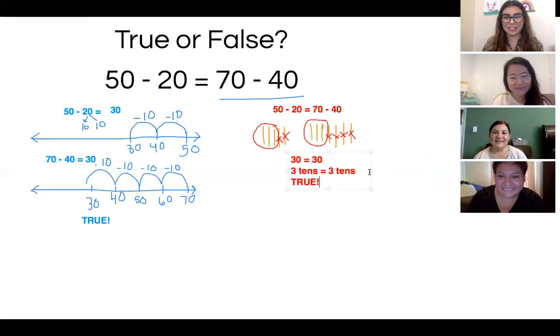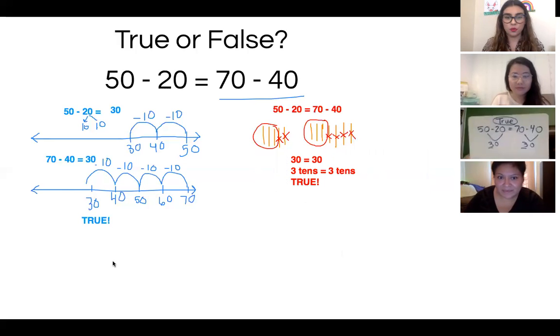All right. Last but not least, our teacher, Ms. Hernandez. What strategy did you come up with? So I decided to do some mental math, which is a way of doing the counting in my head. And I found that the equation on both sides do equal the same. So this is how I was thinking. I did the first part, which says 50 minus 20.